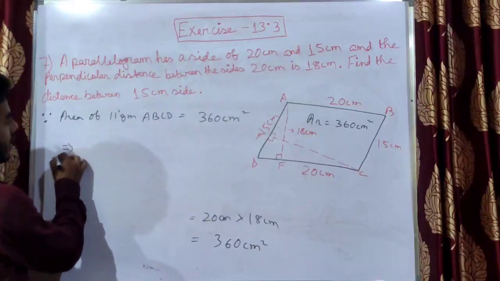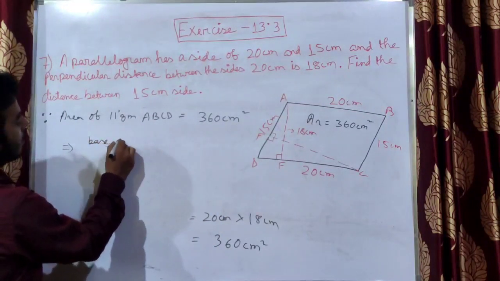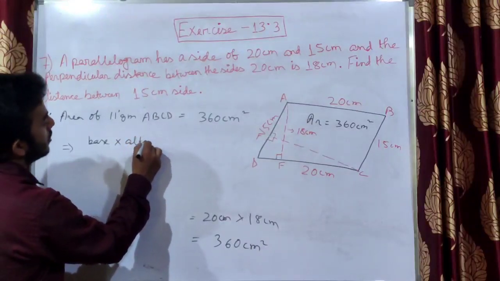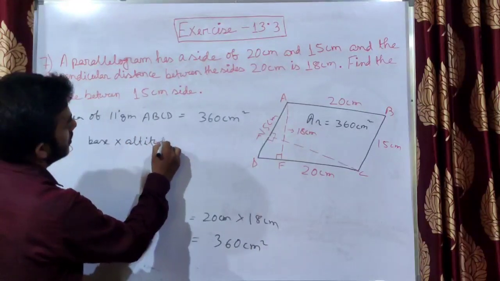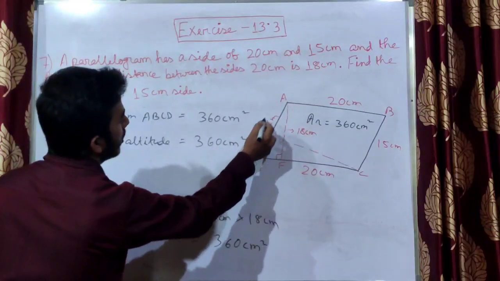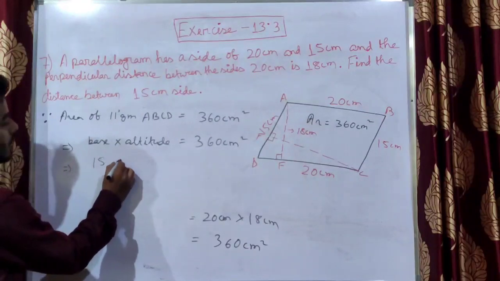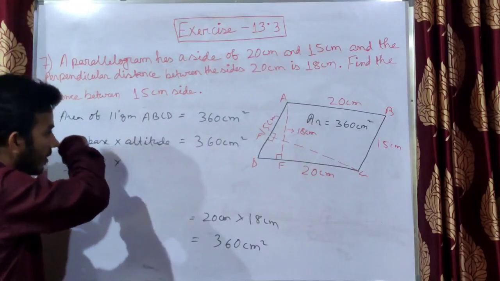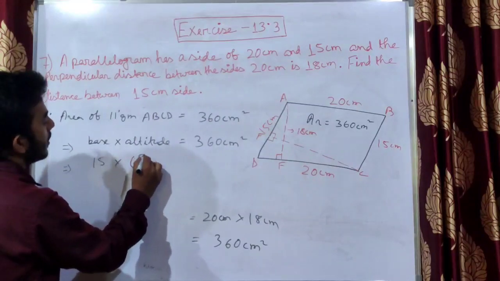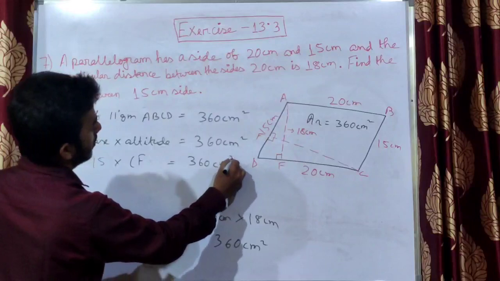So the area of the parallelogram is base into altitude, which is 360 centimeter square. Here base is 15 centimeter, that means 15 centimeter into altitude CF is equal to 360 centimeter square.